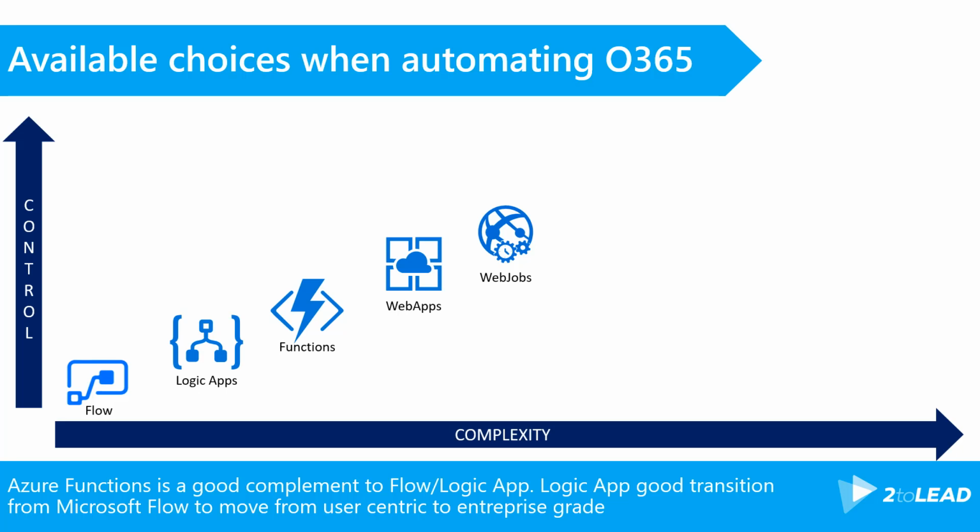So again, Logic Apps, Functions, Web Apps, Web Jobs are more developer-focused solutions. A more IT Pro focused way of building things is Azure Automation Runbooks. Those allow you to run scripts, including PowerShell, in the cloud, without having the need to provision a virtual machine or a server or whatever it is, right?